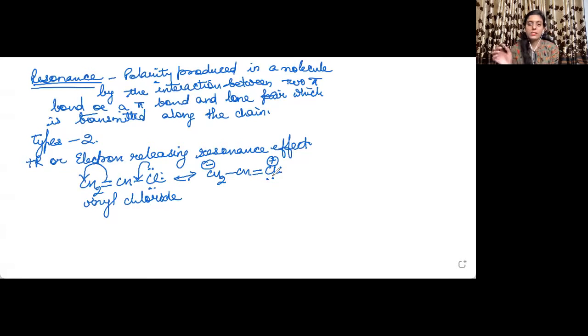Now, how do we know whether a group is going to have a plus R effect or not? Just note it down. I'm telling you a very simple technique to memorize it.